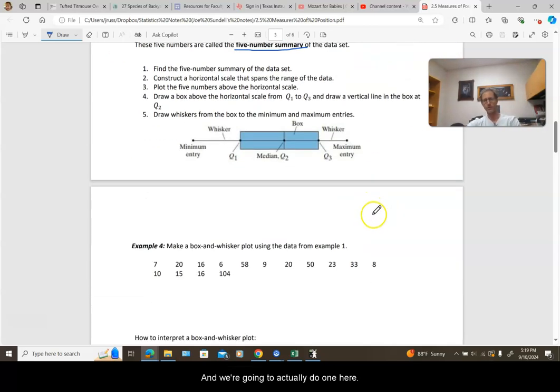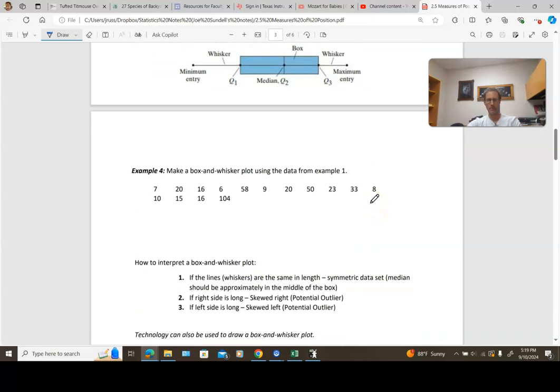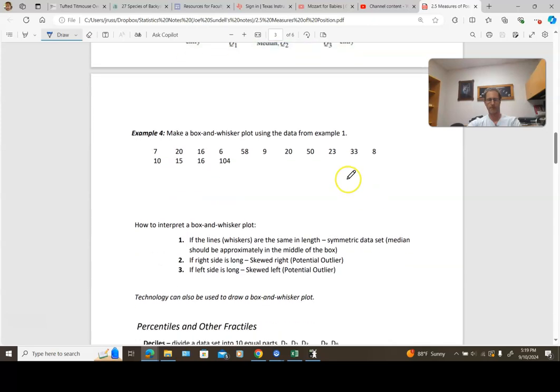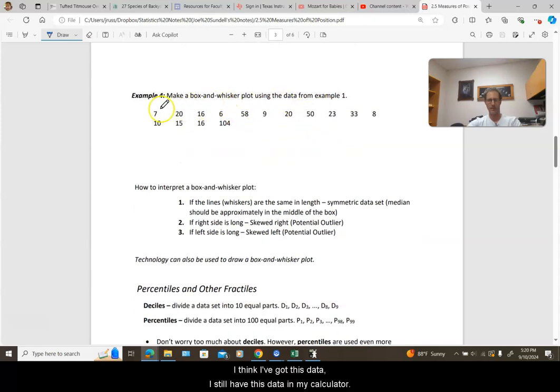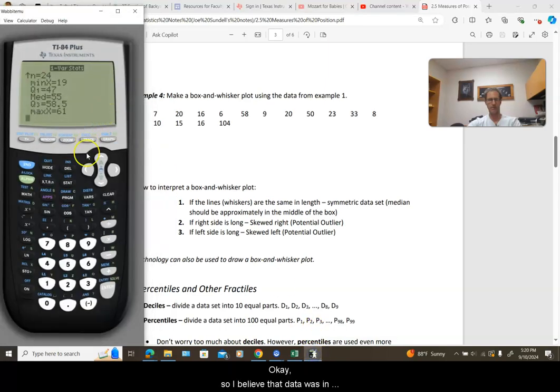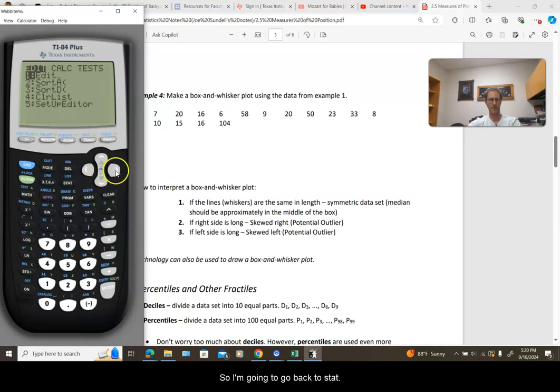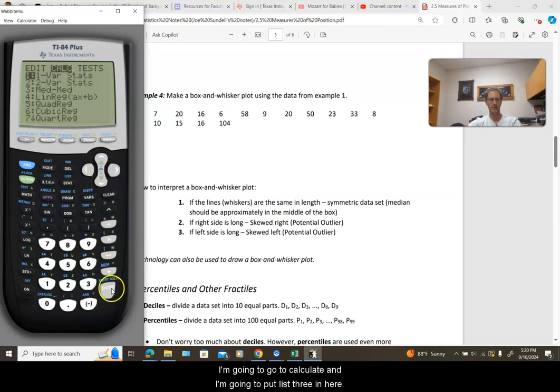And we're going to actually do one here. All right, let's look at example 4. I still have this data in my calculator. I believe that data was in list 3, if I'm not mistaken. So I'm going to go back to stat, go to calculate, and put list 3 in here.